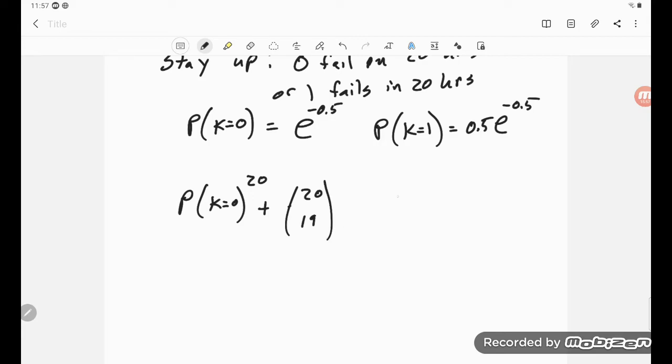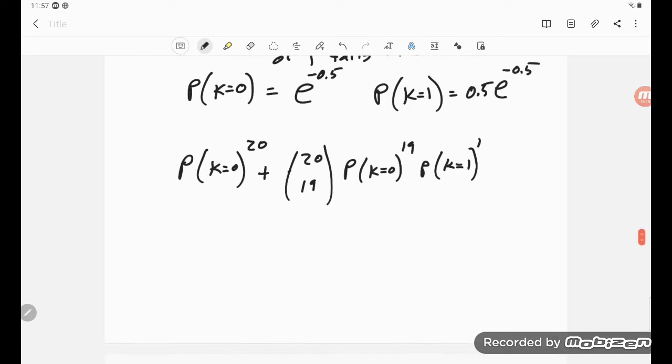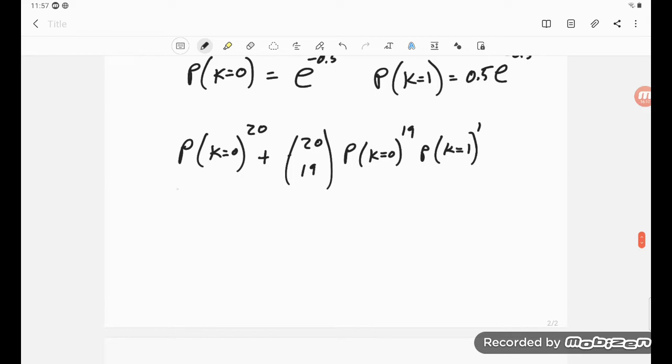We need 19 of these hours, so probability of k equals 0 to the 19th, and one of those hours, k equals 1 to the 1, to be a down.